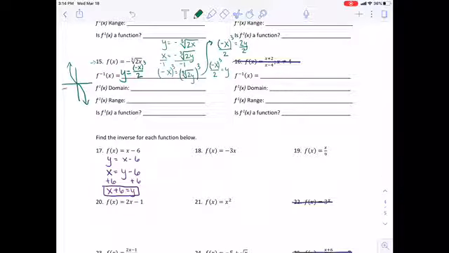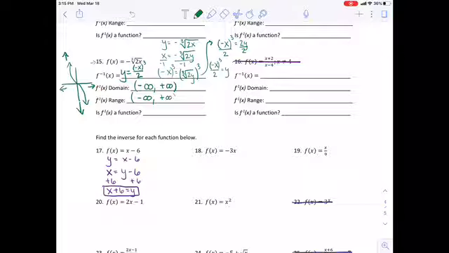Heading to the left, notice how this graph goes forever to the left. So my domain's going to go from negative infinity to, heading off to the right, again, the graph is going to keep going right forever, so positive infinity. For my range, that's my y values, heading down, well, this graph is going to keep going down forever, so it goes to negative infinity, and heading up, it's going to keep going up forever as well.